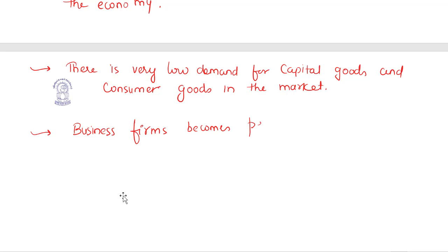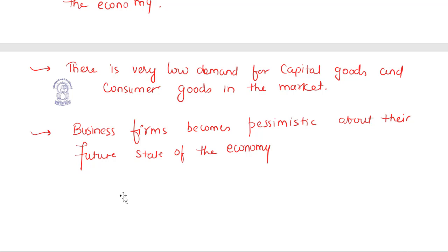Business firms become pessimistic about the future state of the economy, and there is a fall in profit expectation.